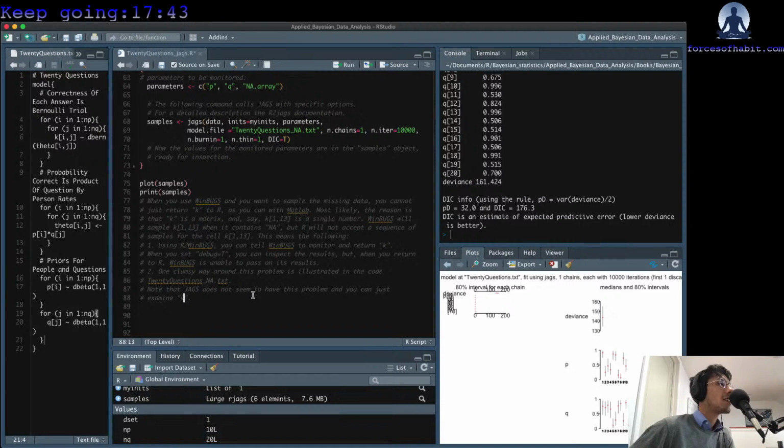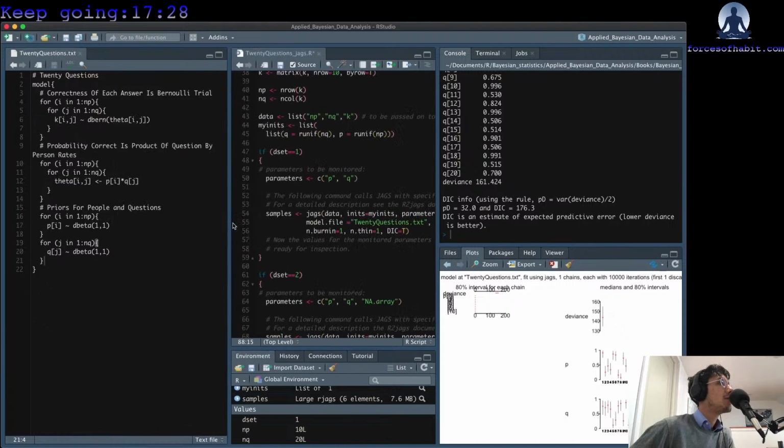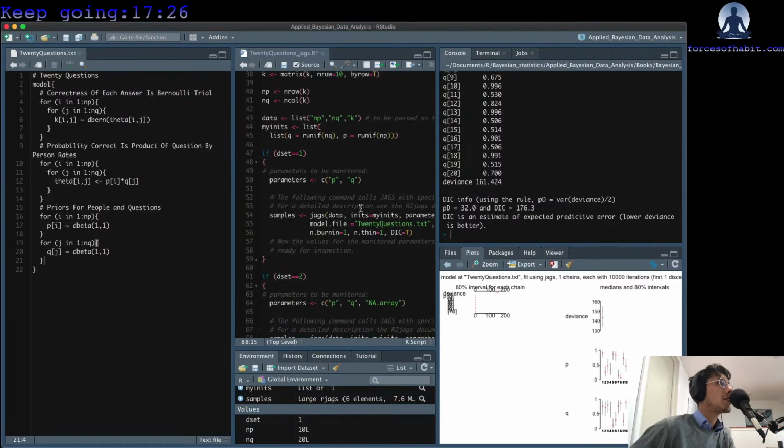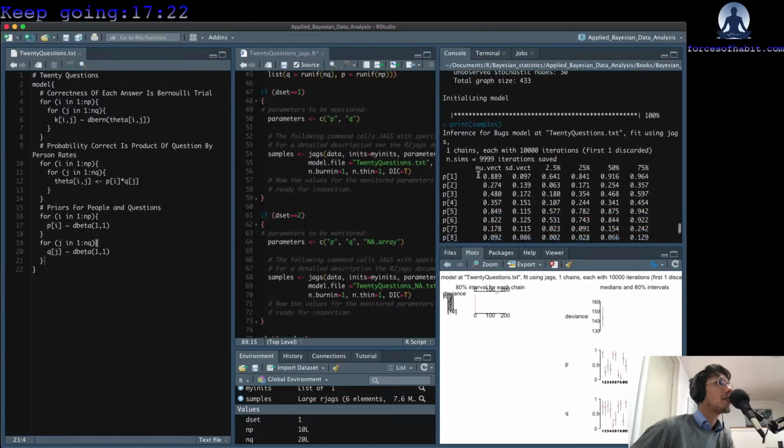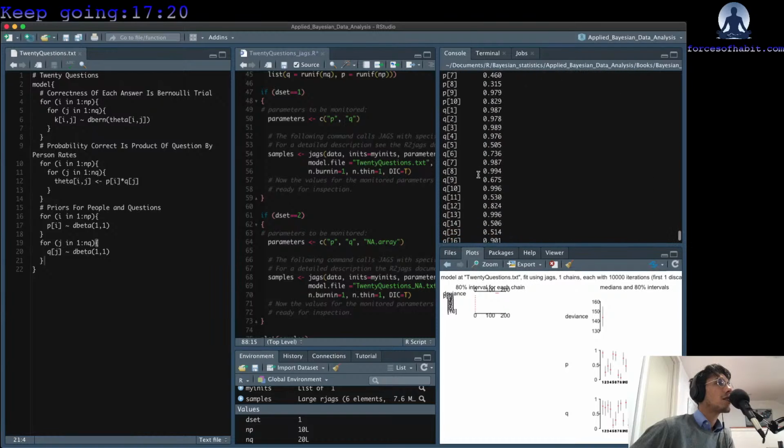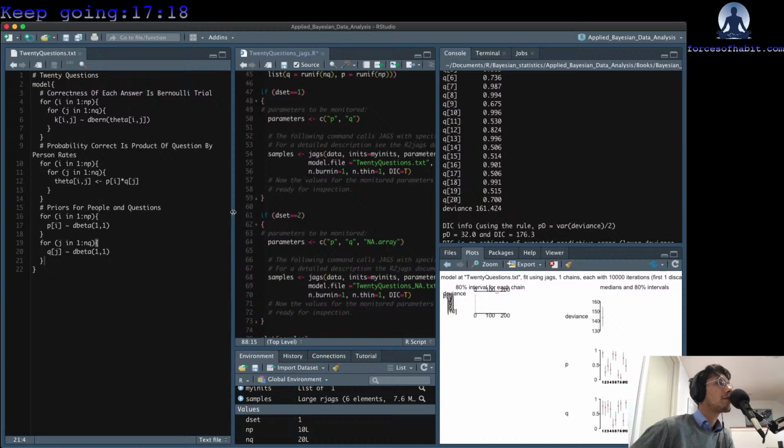Note JAGS does not seem to have this problem, and you can just examine K. So basically what that told me is, good stuff. Let's go JAGS. No problems here. But we did monitor this NA array anyway. But it doesn't look like we got any values for the NA array.